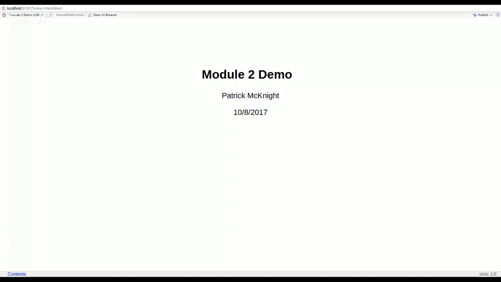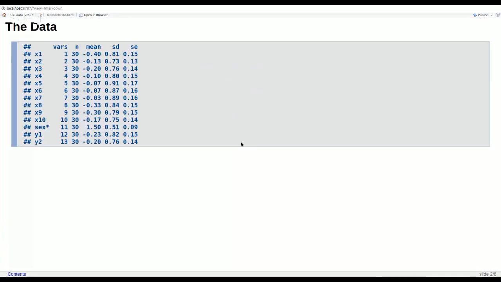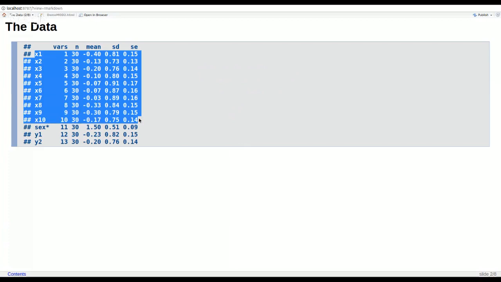Okay, so this is material that is pertinent to both scale development as well as hypothesis testing. And I'm going to begin with just a little data summary because this is useful for me to understand what I'm using in order to understand the scale, the potential scale, and the data that I have so that I can demonstrate that what I do have, I can analyze. So you can see here, I start with 10 variables, x1 to x10.